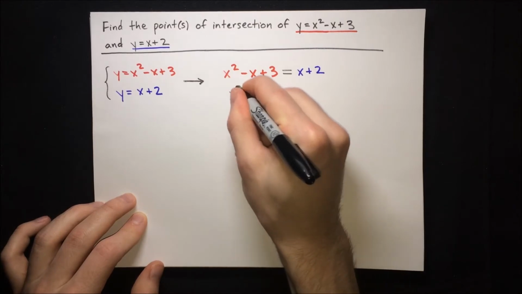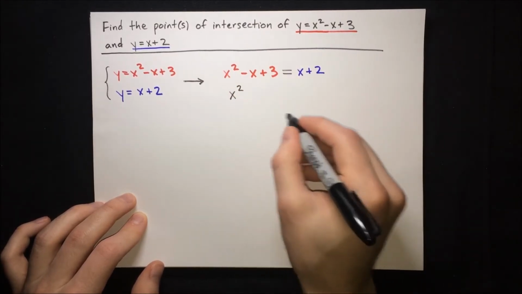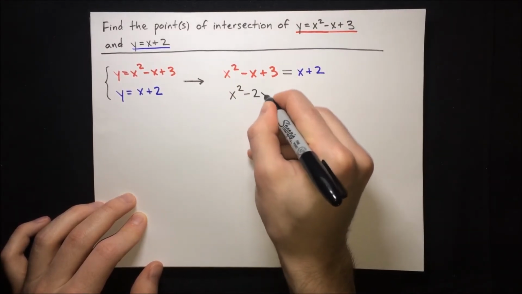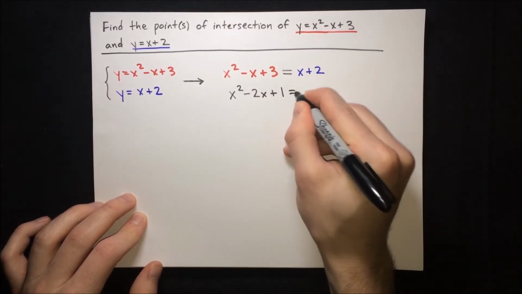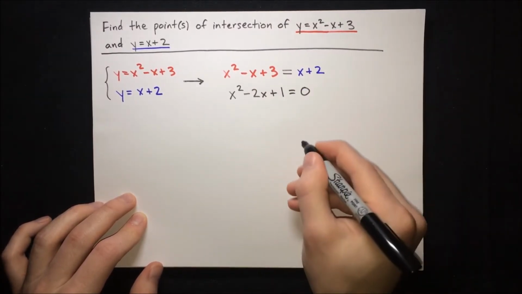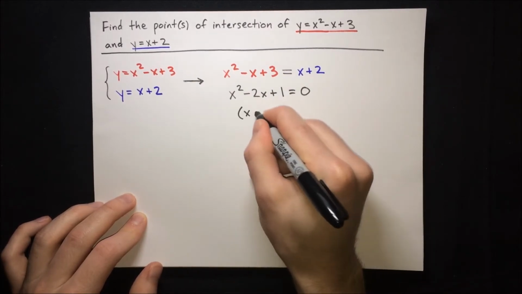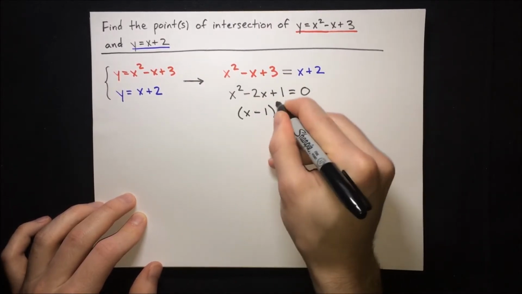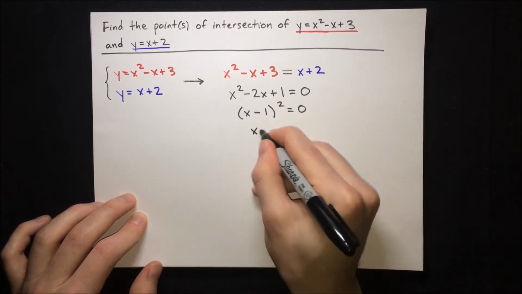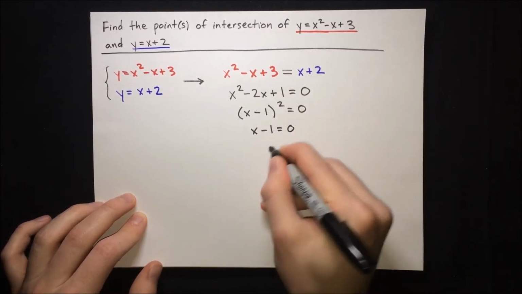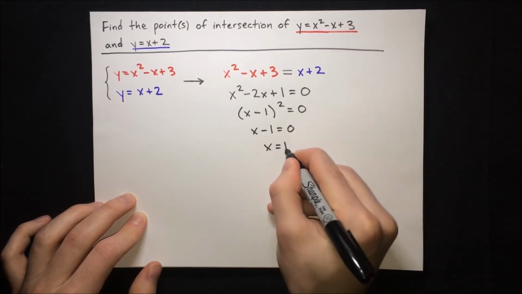So x squared, subtract the x from the other side, minus 2x, and then subtract the 2, plus 1 equals 0. This can be factored into a perfect square: x minus 1 squared equals 0. So taking the square root, we've got x minus 1 equals 0, which means x equals 1.